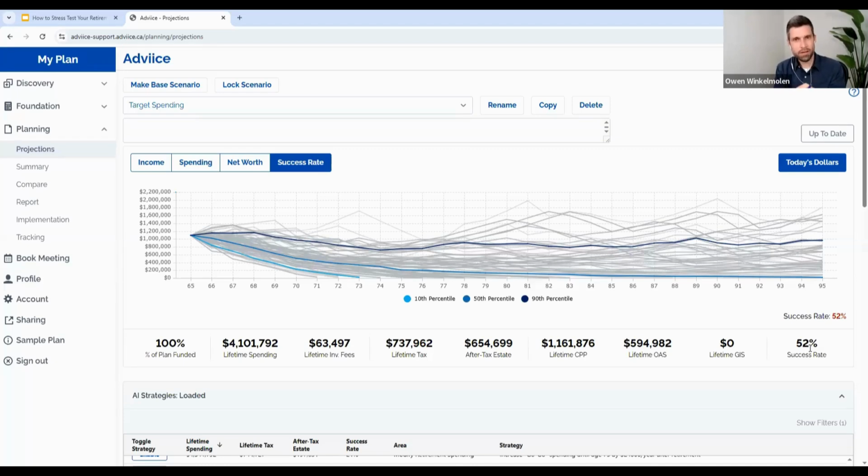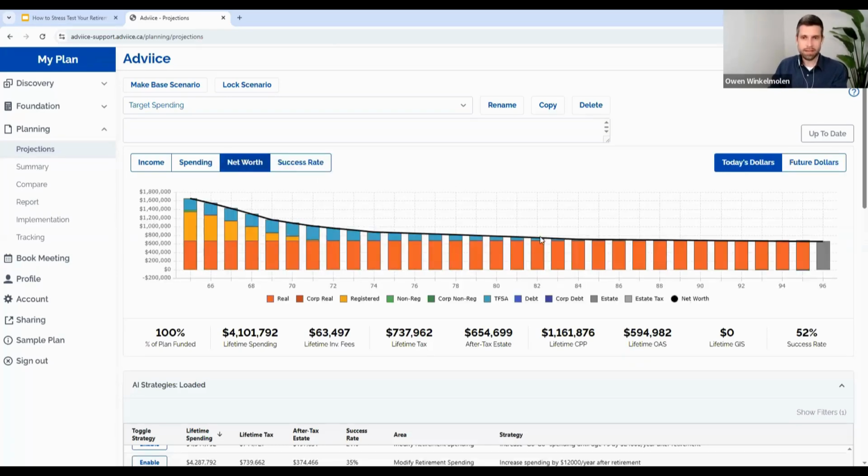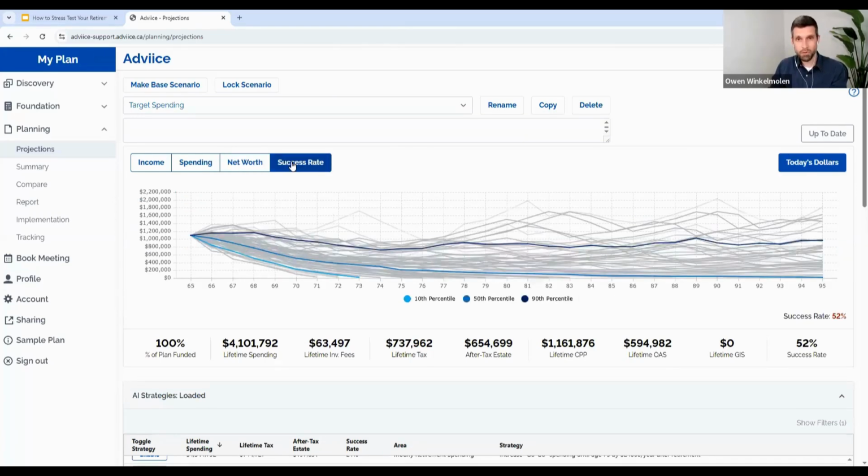If you've got a cottage, vacation property, rental properties, or a large home that you can downsize in the future, it's important to highlight that this success rate analysis doesn't include any real estate assets, and it's purely the financial assets. So if you're willing to sell, liquidate, or access some of the capital in those real estate assets, that could also change things.